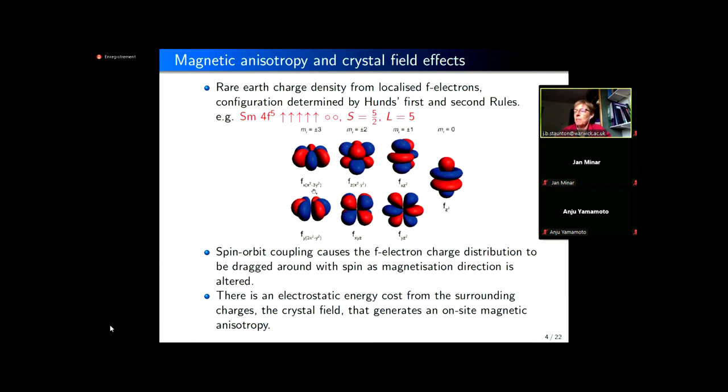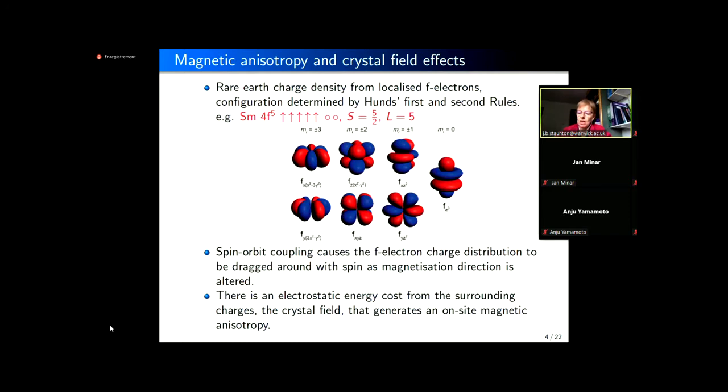And then if we're thinking about these states, then the spin-orbit coupling will cause this charge distribution to be dragged around with the spin as the magnetization direction of the system is altered. Now, as this F-electron charge distribution is dragged around, there's an electrostatic energy cost from the surrounding charges in the material, namely the crystal field. And that's, in a nutshell, what generates a significant so-called on-site magnetic anisotropy that comes along with these rare earth atoms.